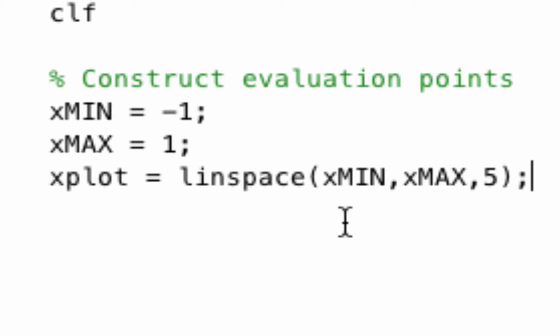Matlab puts a linear connection between the dots, so if we plot a parabola, we better have many points, because otherwise it will look like pieces of linear functions. But now we are plotting just linear functions, so it doesn't make any difference if we have 2 points or 5.